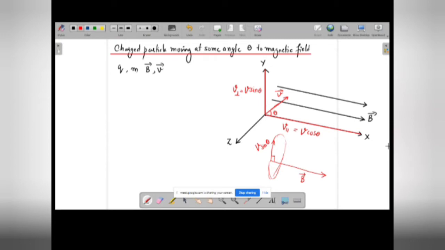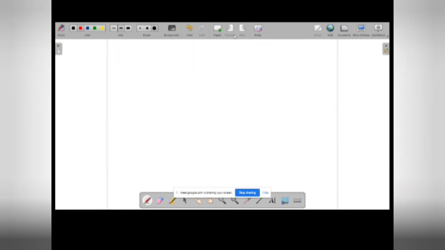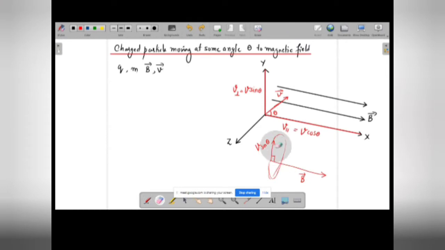Correct? So at the end, as a combination of these two components, how is my trajectory going to look? Basically my trajectory is going to be a helical path. That means it will take rotations like this.